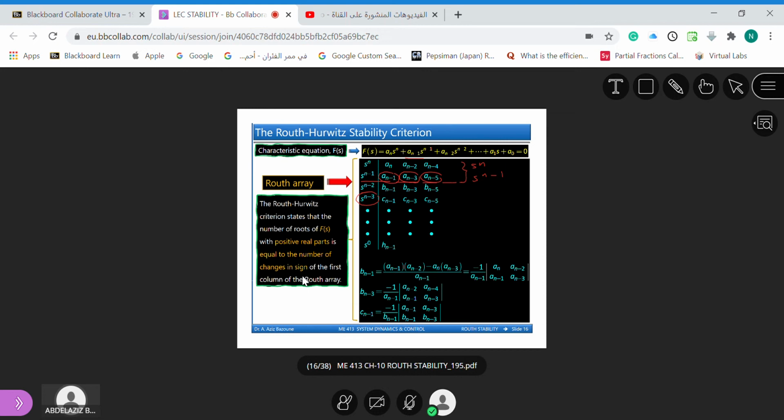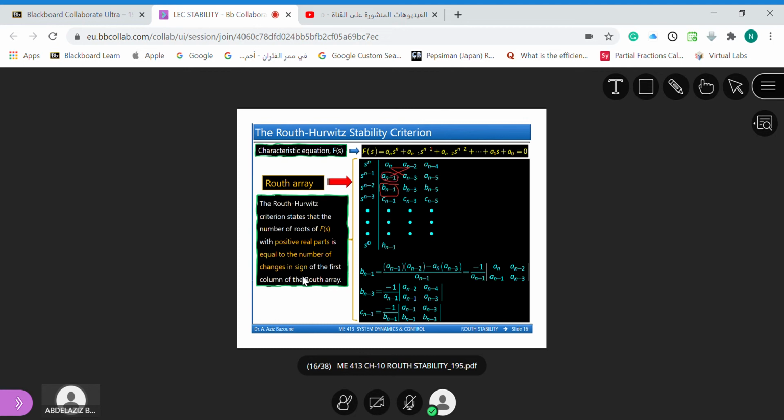When we look for the next one, bn minus 1, Shabab, I want you to pay full attention. We are looking for this coefficient, which is equal to what? This coefficient bn minus 1 will be this times this, that is an minus 1 multiplied by an minus 2, minus an times an minus 3, over this one.